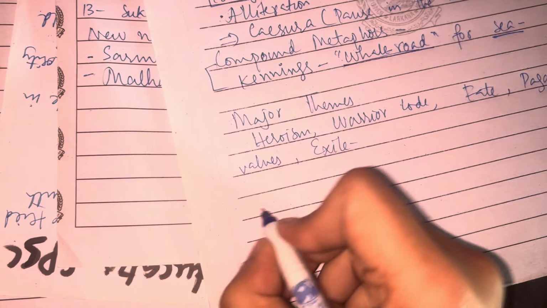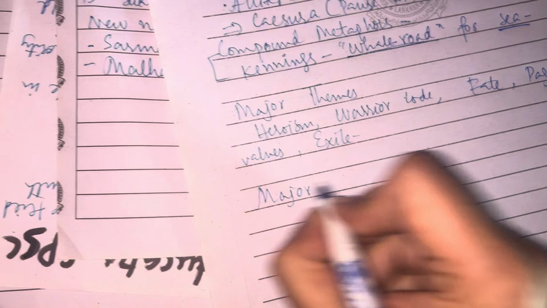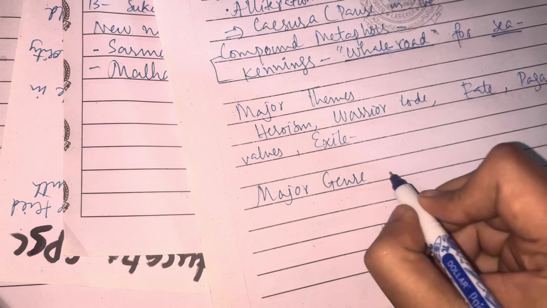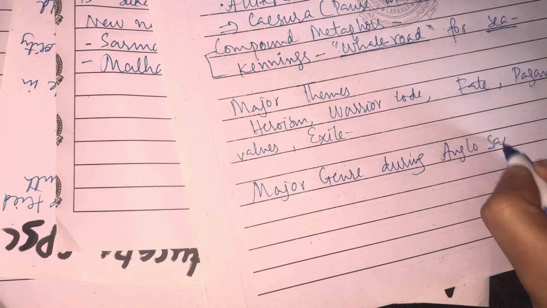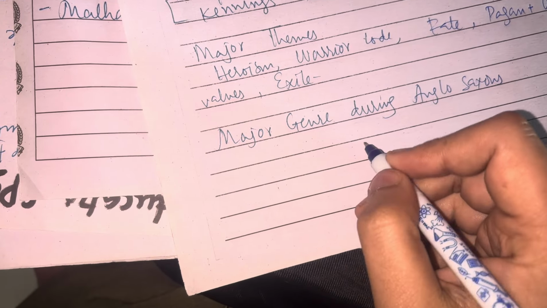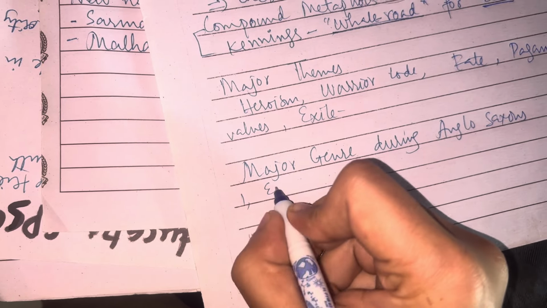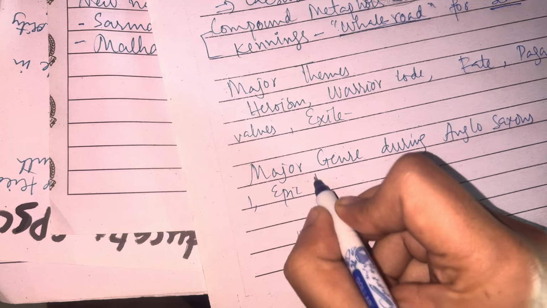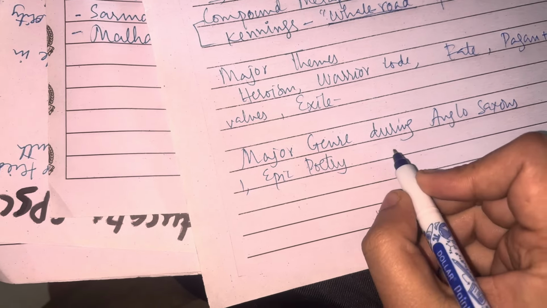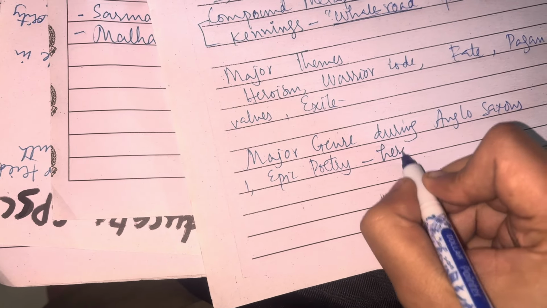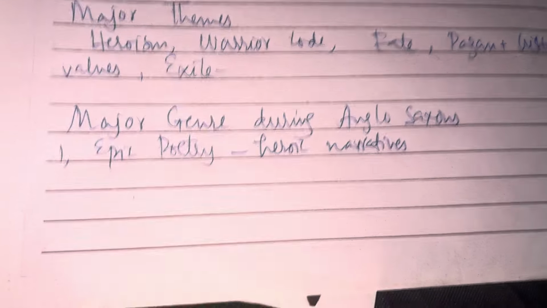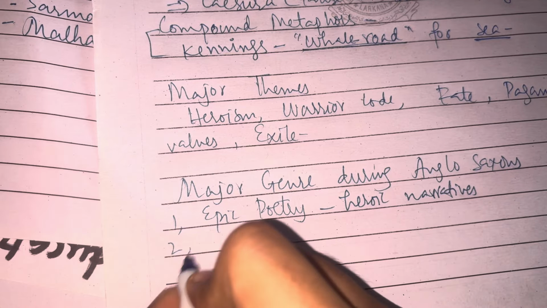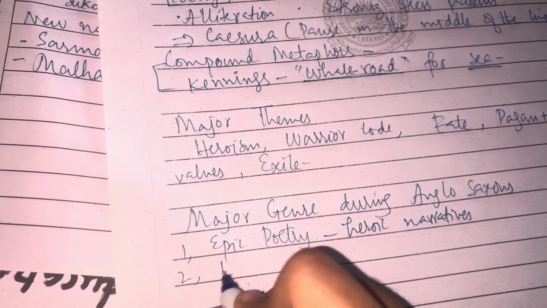Major genres during Anglo-Saxons. The major genres were epic poetry. Epic poetry means long poetry. Epic poetry included heroic narratives, elegies.